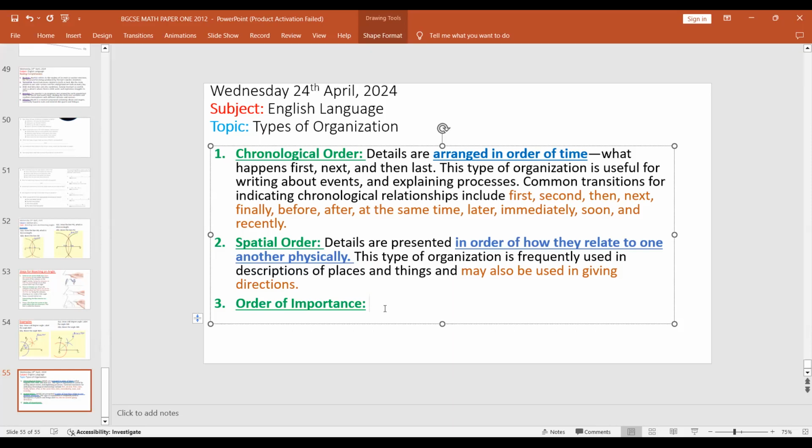So details, in this case, are presented in increasing or decreasing order of importance.